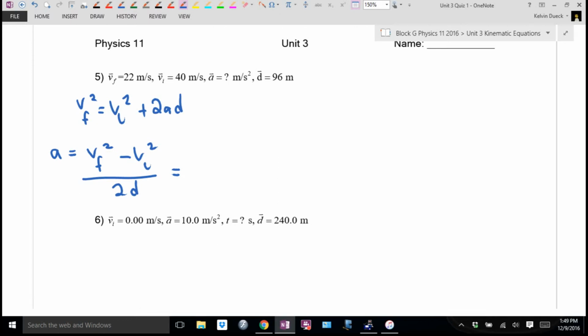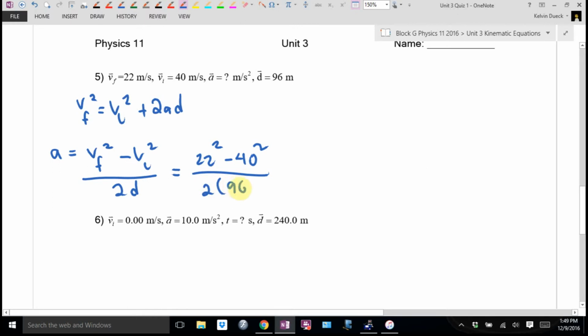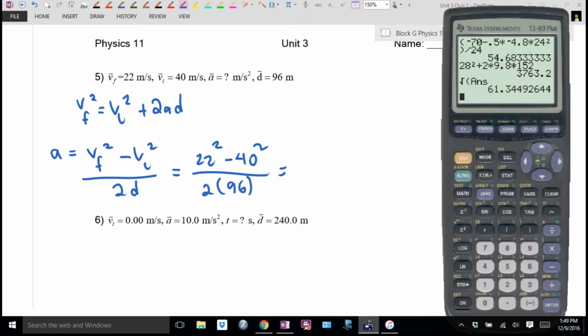So I've already got a built-in error check. I know the answer is going to be negative. I won't freak out if I get a negative. I'll relax, right? It's going to be 22 squared minus 40 squared all over 2 times 96. Brackets on top and on the bottom.